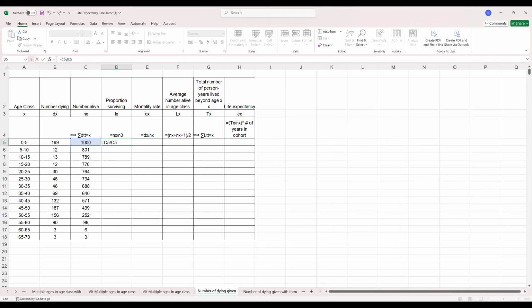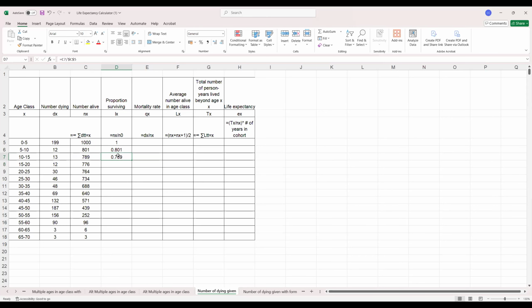And again, don't forget your dollar signs. Again, n sub x divided by n sub 0, which is how many were born for that generation. Put your dollar signs.